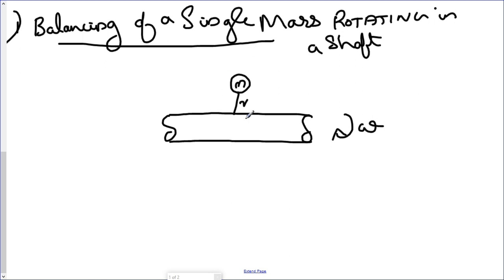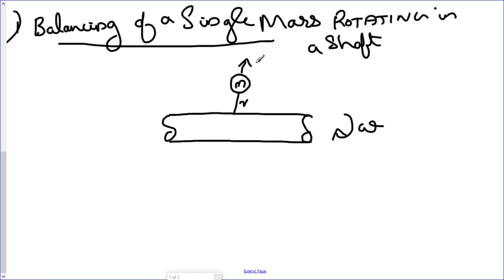Because this mass is at a distance away from the axis of rotation, it will generate a centrifugal force. And you know centrifugal force will act away from the axis of rotation, and it will pull this shaft to one side when it rotates. So this will create an unbalanced force, and this will create vibrations in the shaft, which is unwanted for smooth operation of machinery.